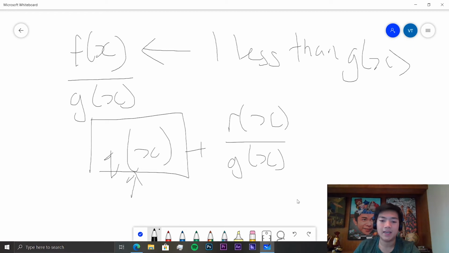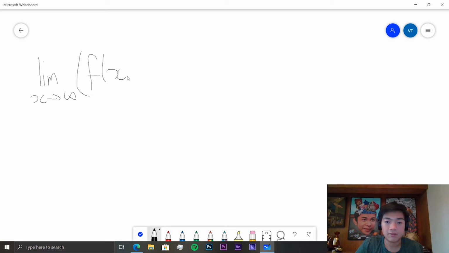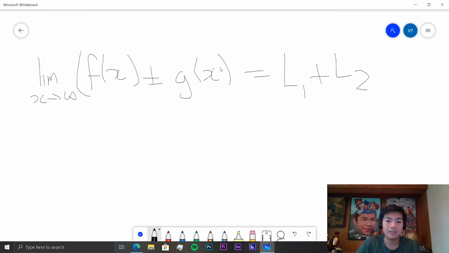So that's asymptotes, and now we need to talk a bit about the properties of some limits, so we can dive into solving some limits algebraically. So if we have the limit as x approaches infinity of two functions, f of x plus or minus g of x, well, this will be equal to the limit of f of x, which we'll call L1, plus the limit of g of x, which is L2.